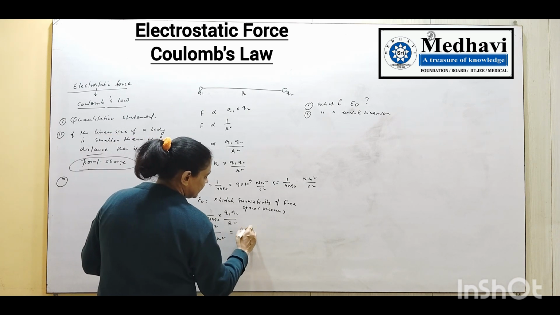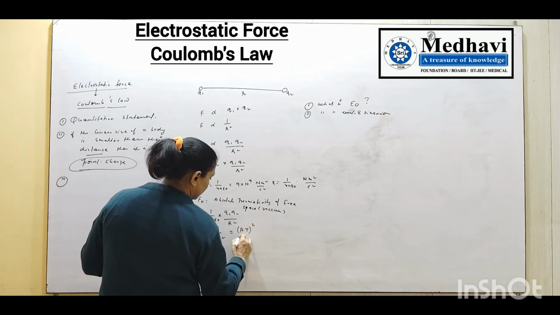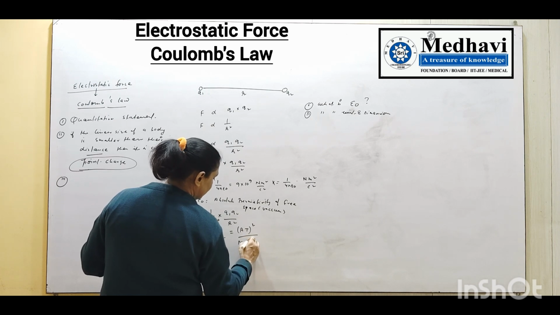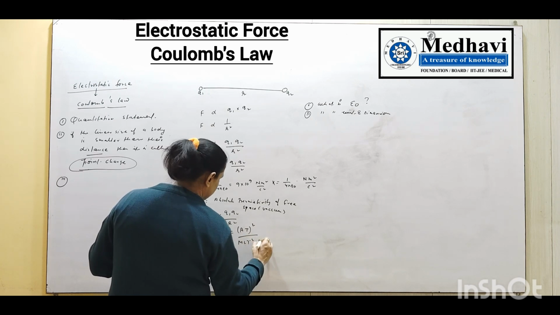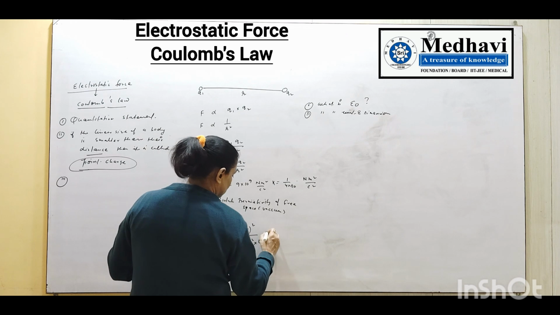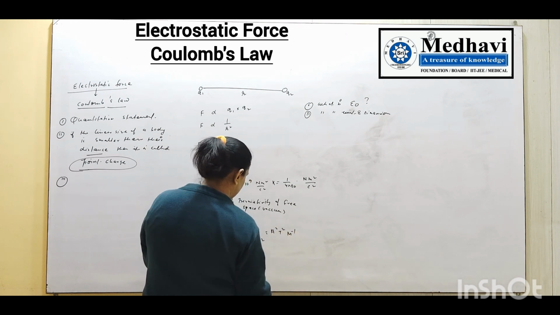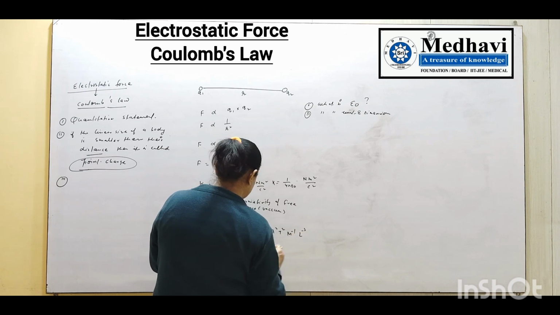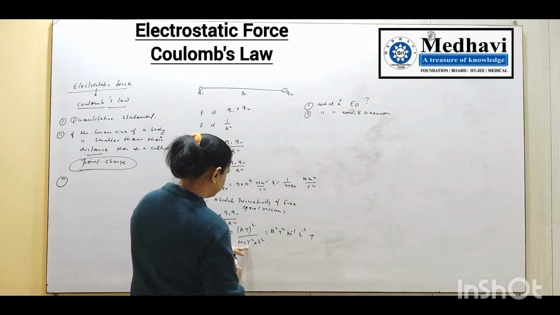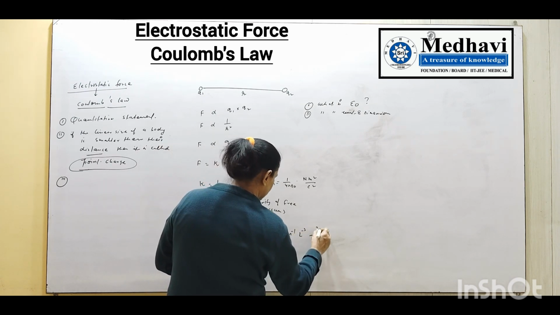Dimension of Coulomb is AT whole square. Newton is MLT^-2. Meter square is L square. So it will be A square, T square, M^-1, L^-3, T^-2.